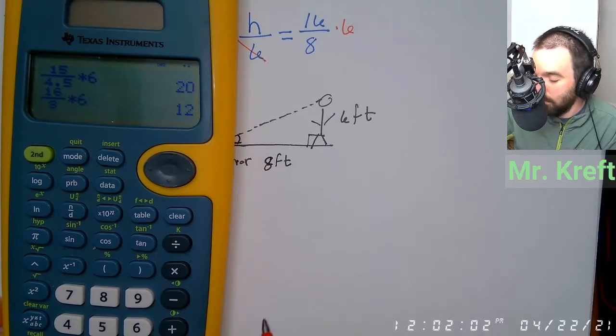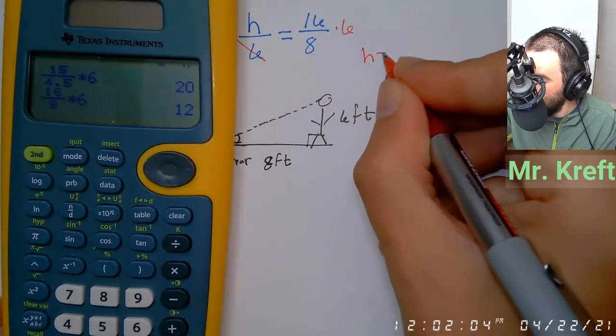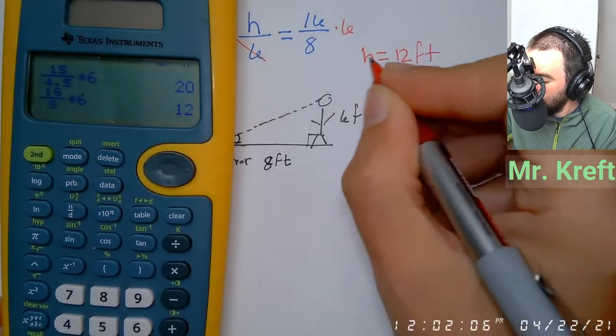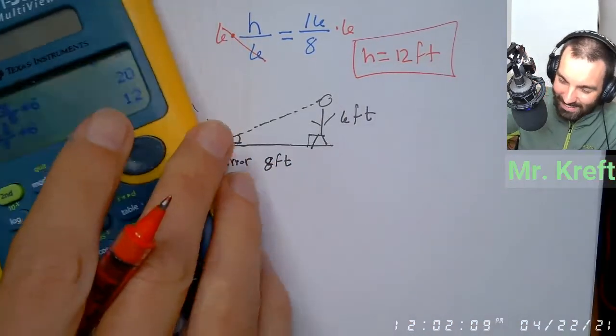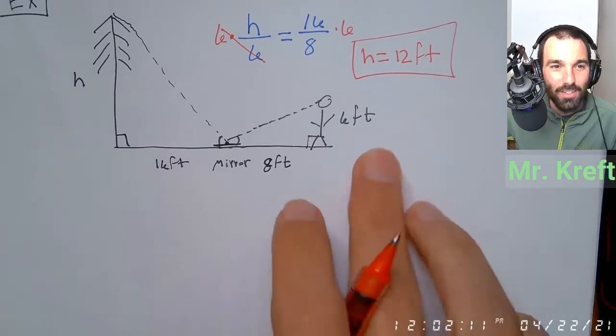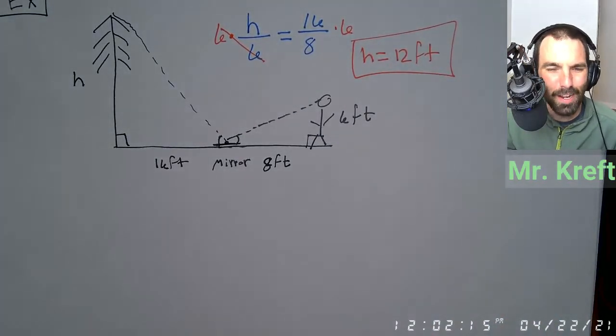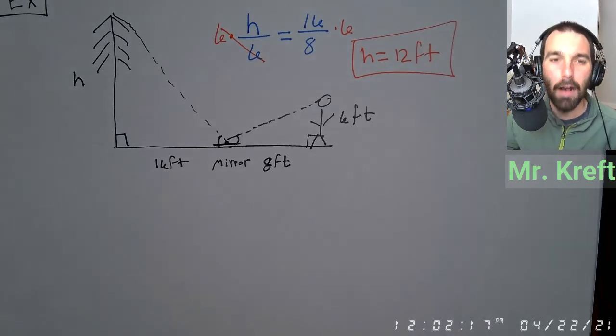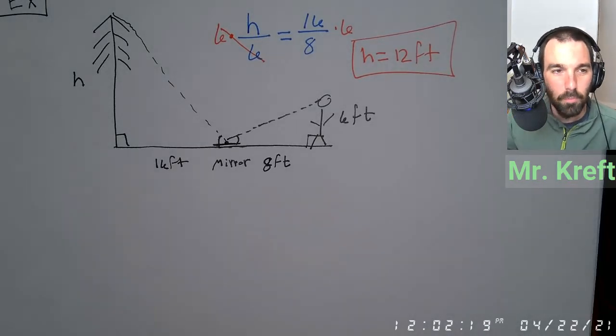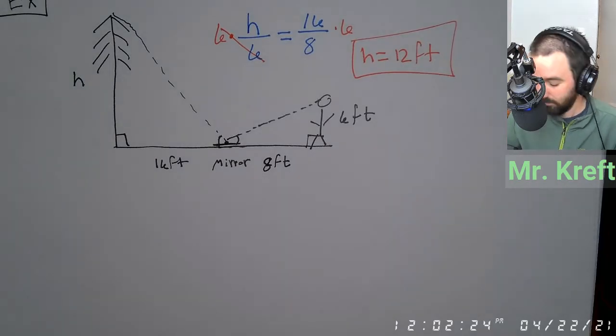And again, the Desmos calculator does just fine. So we get the height is 12 feet. Oh man, that's a short tree, isn't it? Yeah, it's twice as tall as the human. So maybe you're high up in the mountains and you're hiking and it's an alpine tree. Right? Alpine trees don't grow as big because they're covered in snow for so long.